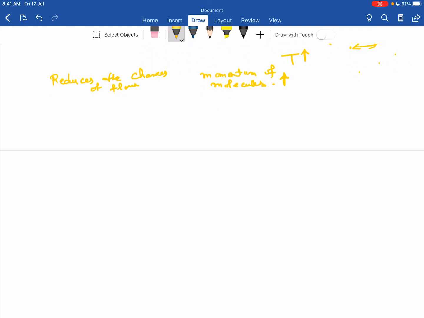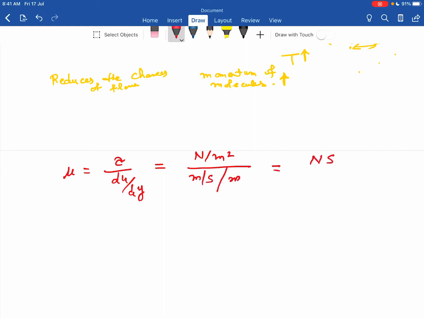Then next we see the units and dimensions of viscosity. Now you can write mu is tau divided by du by dy. The unit for tau, the stress, is Newton per meter square. Du is the velocity, meter per second, and for distance it is meter. So you can write it as Newton second upon meter square. Further, Newton is force, mass into acceleration, so mass unit is kg and acceleration is meter upon second square, into second divided by meter square.